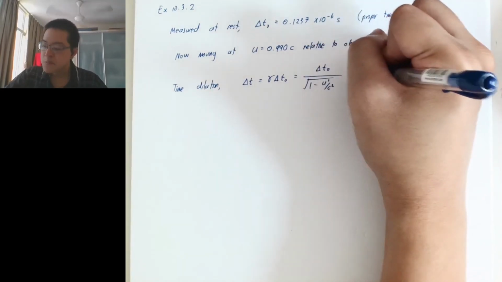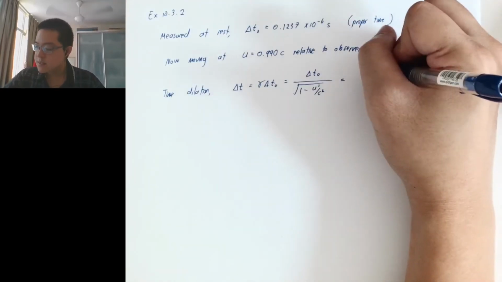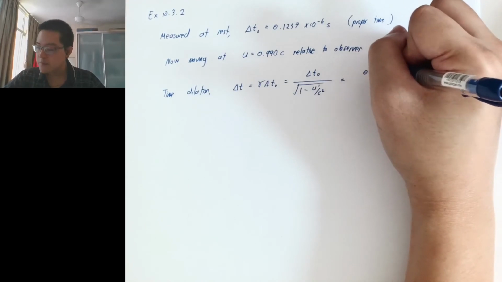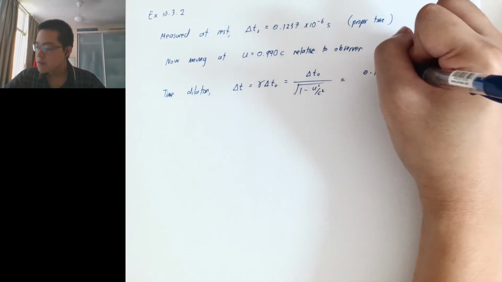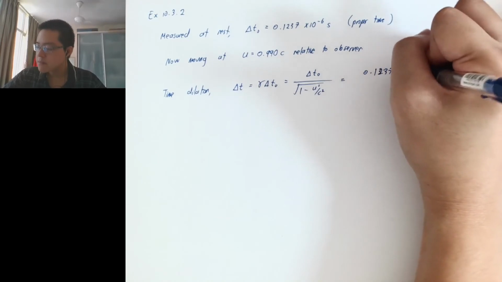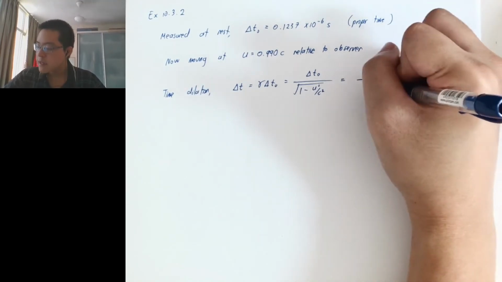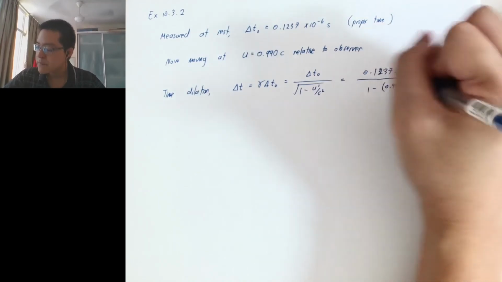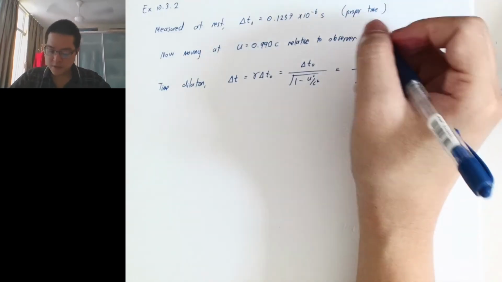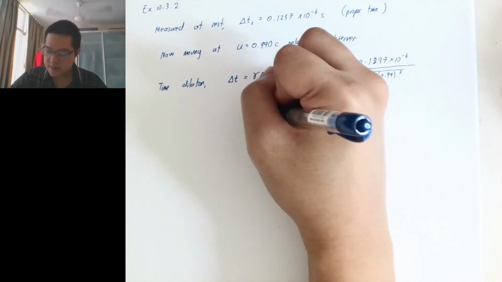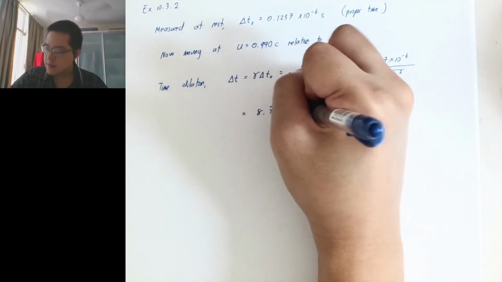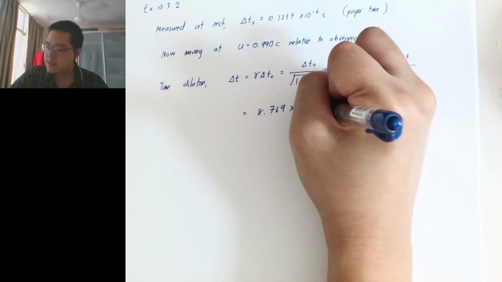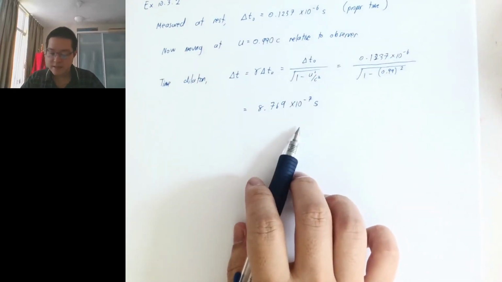So this is 0.1237 times 10 to the minus 6, over the square root of 1 minus 0.99 square. So the time it lasts is 8.769 times 10 to the minus 7 seconds. So it lasts a bit longer.